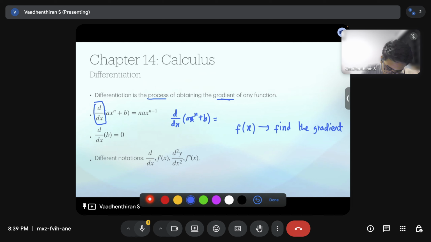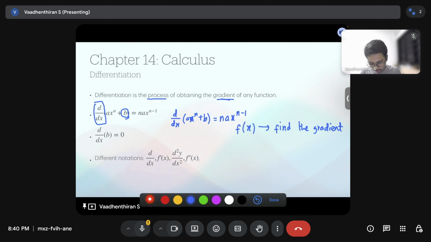Whatever the exponent of x is, you bring it down, and then you write the coefficient, and you reduce the exponent of x by 1, so n minus 1. And as you can see, d over dx of a constant, let's say b, is 0. So any constant, if you differentiate, will always be 0. That's why when you differentiate this plus b, you get a plus 0, which you don't usually write.